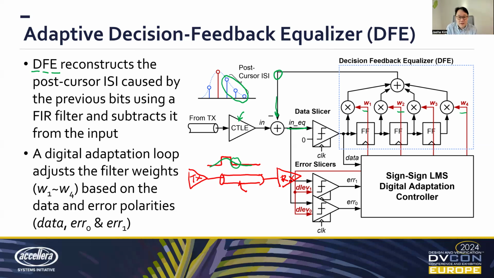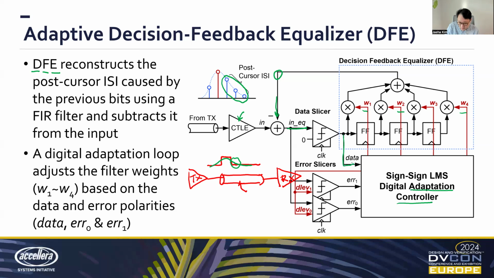So most decision feedback equalizers, or most equalizers, employ an adaptation controller, which is typically done in digital circuits. And they can calibrate this filter coefficient either during the startup in the foreground or during the normal operation in the background.